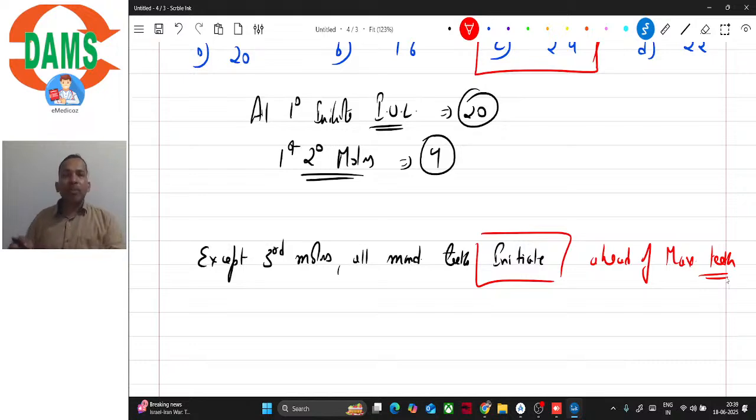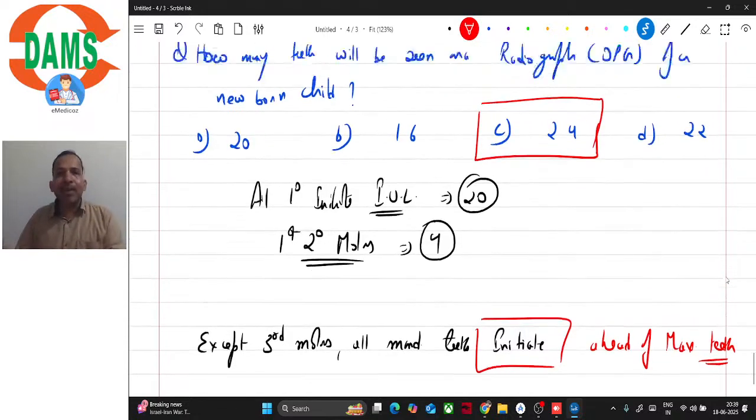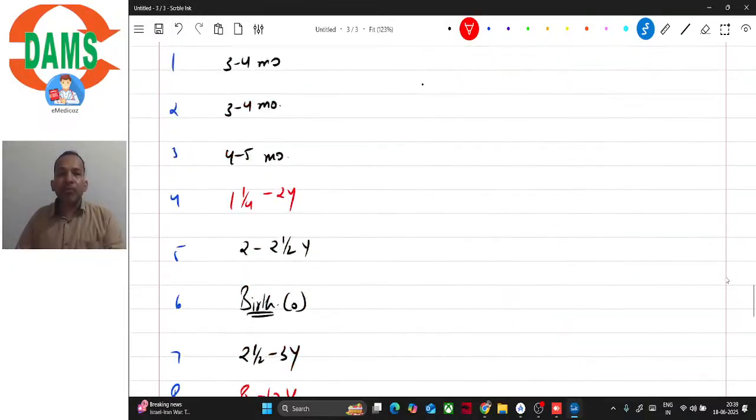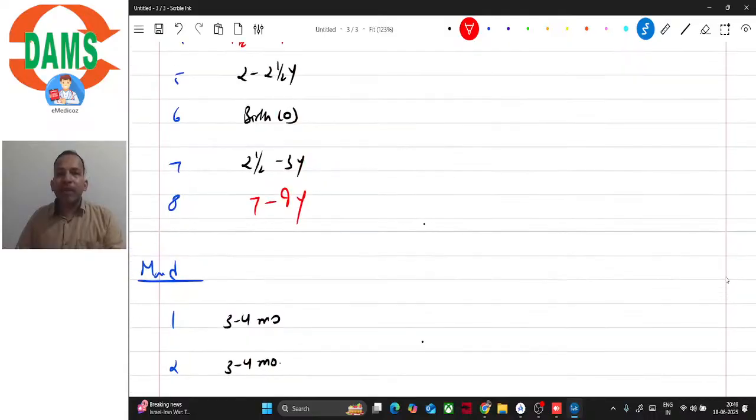So for third molars, remember the date, 7 to 10 years. 7 to 9 years is for maxillary and 8 to 10 is for mandibular. So maxillary third molar is ahead of mandibular third molars. So this was for the initiation.